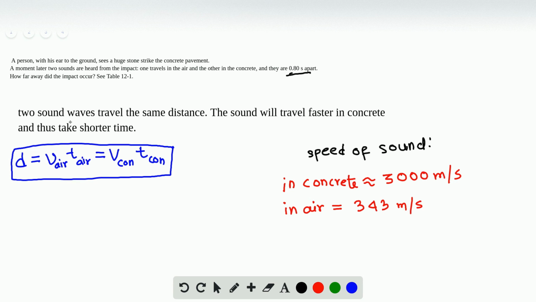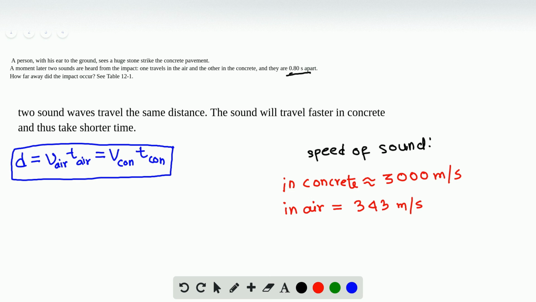Since the two sound waves travel the same distance, the sound will travel faster in concrete and thus take a shorter time.